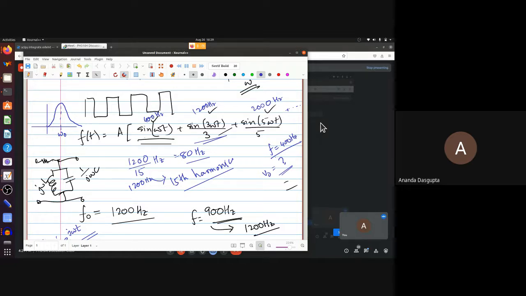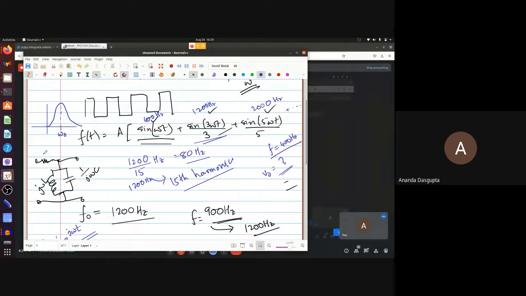And whose frequency would have been what? For an 80 hertz input signal, what would the output frequency be? 1200 hertz again, because that's the one which is being picked up, right? That's the only one which is substantially transmitted by this circuit.